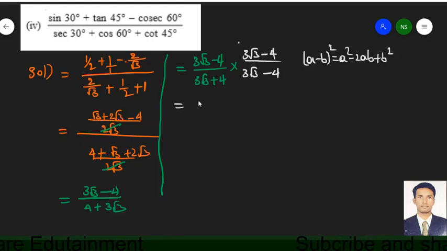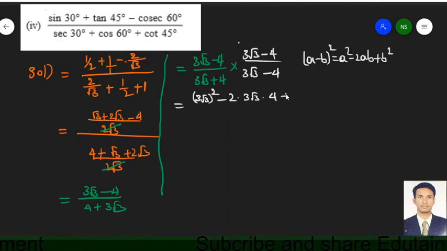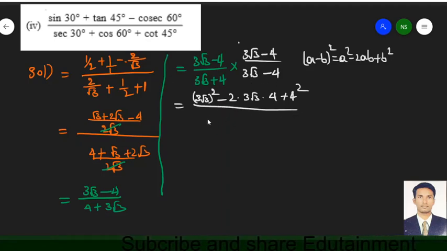So that we will get 3 root 3 whole square minus 2 into 3 root 3 into 4 plus 4 square, divided by, for the denominator, a plus b into a minus b, the a square minus b square formula. So that we will get 3 root 3 whole square minus 4 square.